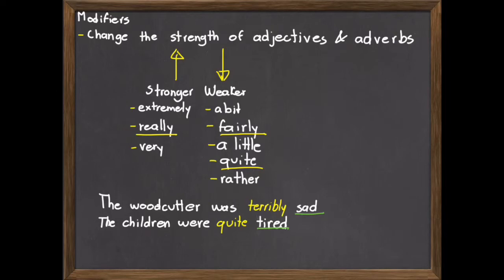Terribly would make it stronger. Terribly sad is stronger than just sad. And quite is weaker. It makes it weaker. This can be used to soften a statement, making it less direct. It's not the same to say he's boring as he's not very interesting.